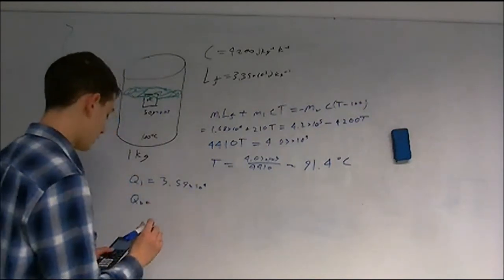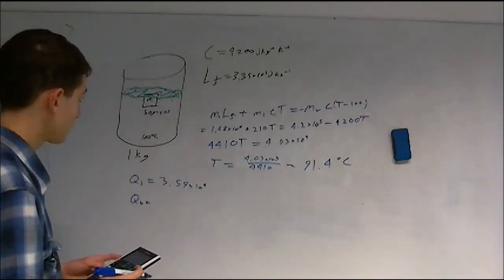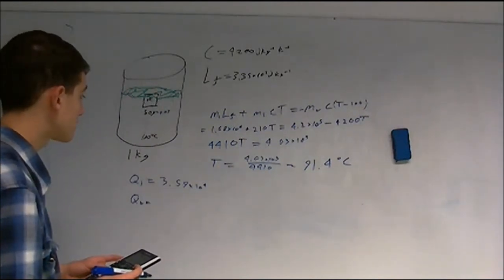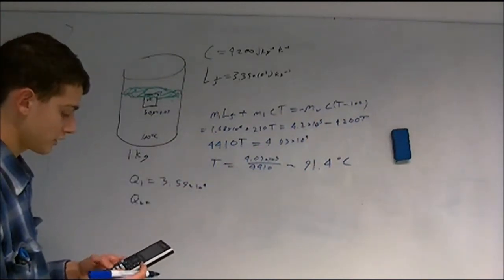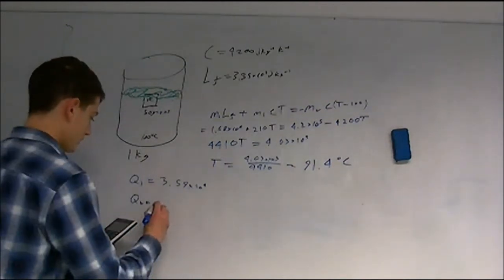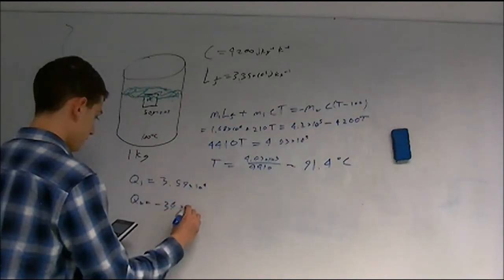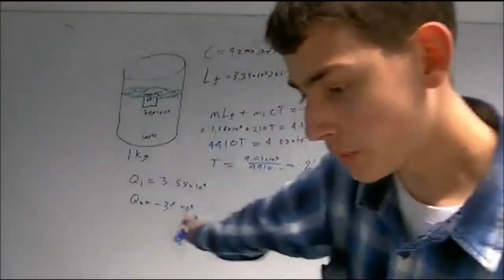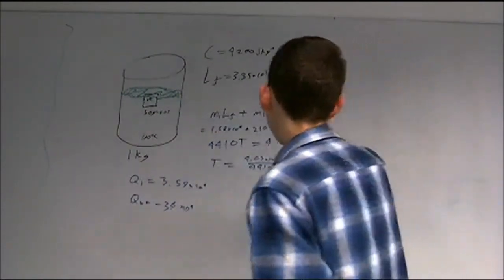QW equals 1 kilogram times 4200 times the final temperature of 91.4 minus 100. I'm going to say that the little bit off is due to a rounding error I made somewhere during the calculation, which is most likely the case.